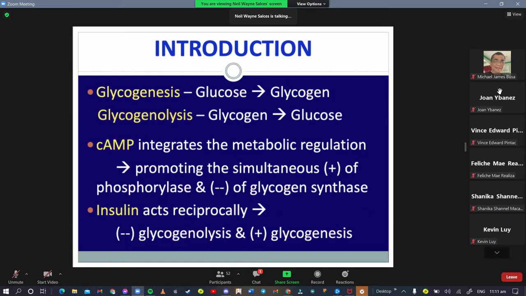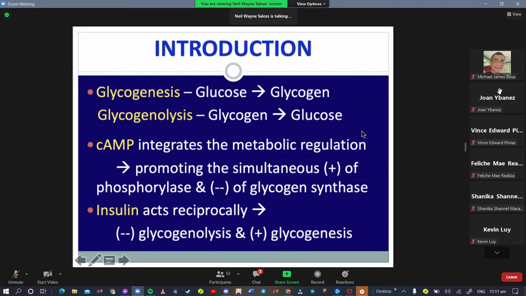So basically, glycogenesis is the production of your glycogen from your glucose molecule, while your glycogenolysis is the degradation of your glycogen to your glucose. So basically, it seems to us that it's just a reverse of the metabolic pathways, but there is a twist. And I know you know about it.